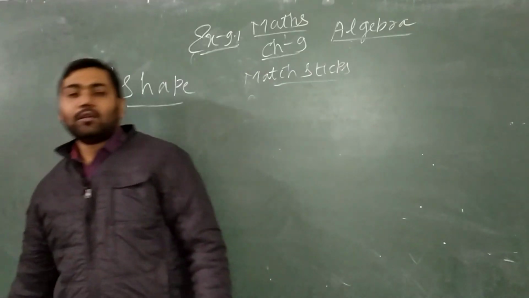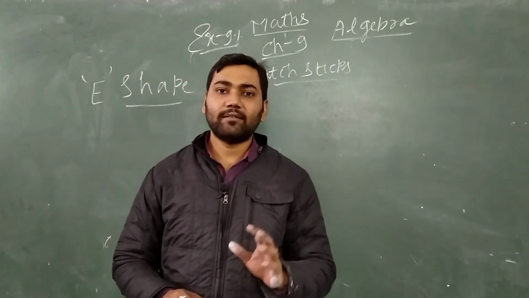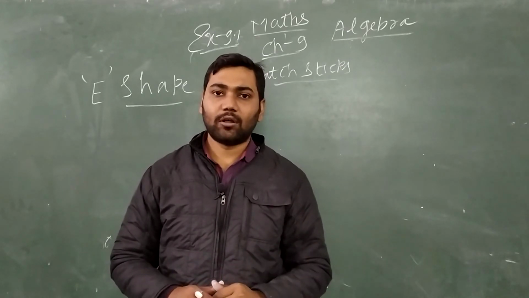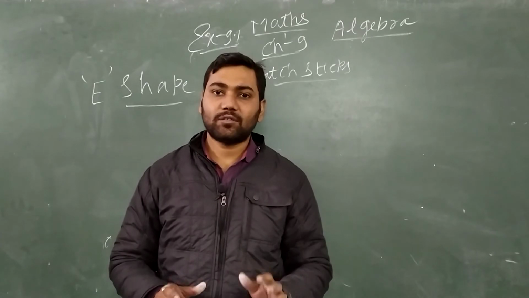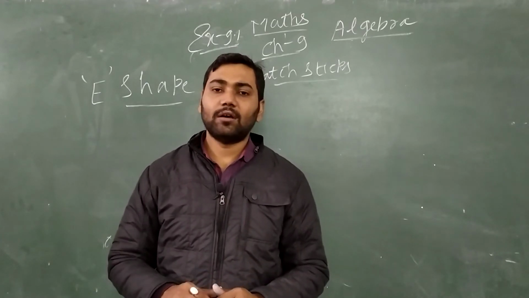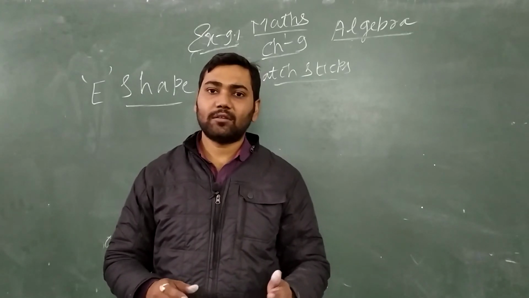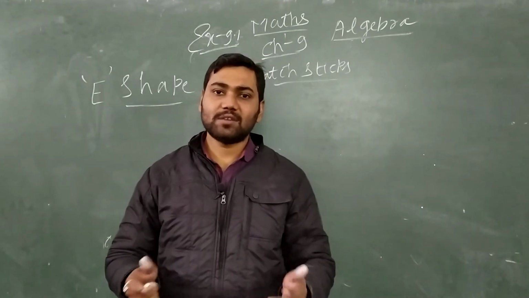Listen here, we all know that there are a total of 26 alphabets in English alphabetical order. So we can be asked about any shape: how many matchsticks are needed to make a D shape, a P shape, a Z shape.